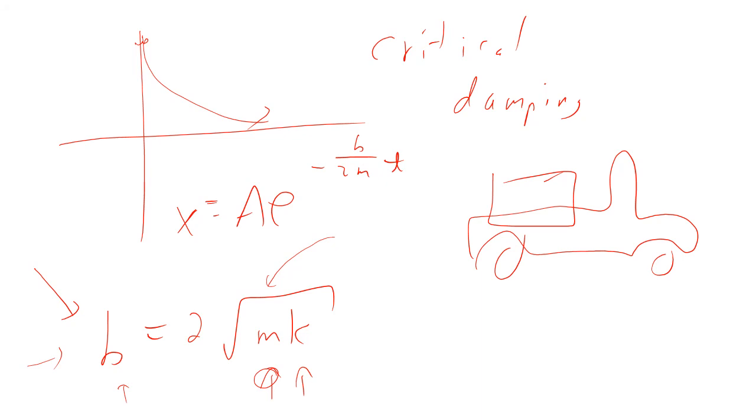A lot of people drive around a pickup truck without a load, and so in that case, b is now too big, and so you're a little bit overdamped. That means that the pickup, while it's empty, is going to be a rougher ride than if it has a load in it. If it has a load in it, then b's proper, and so you end up with a smoother ride.